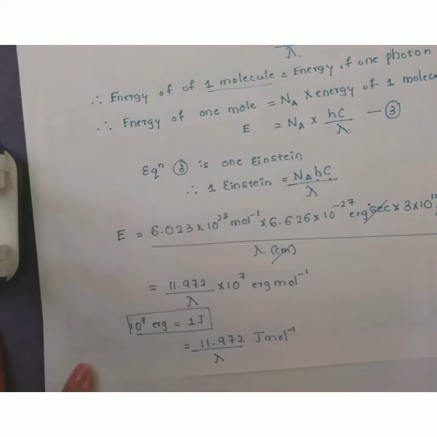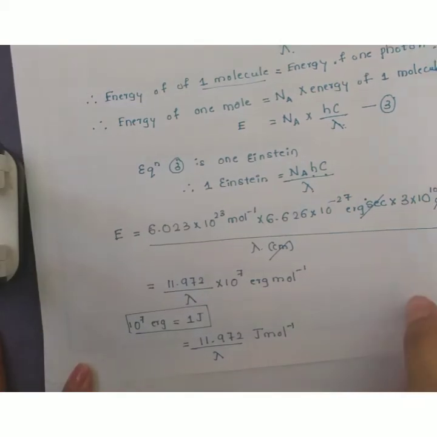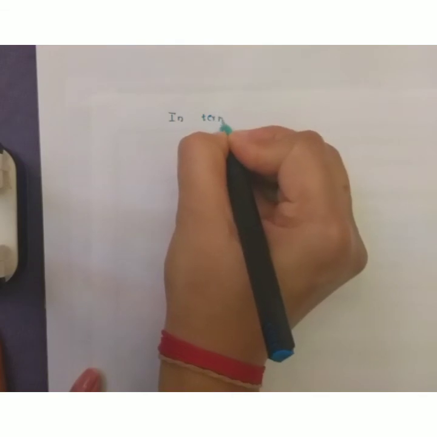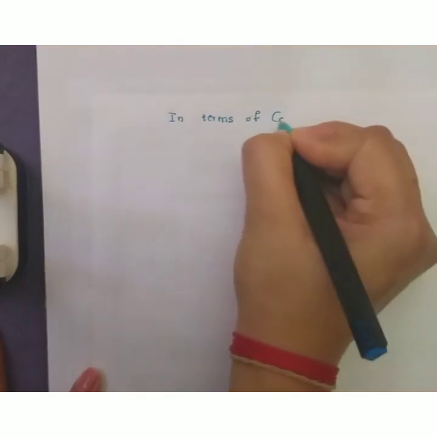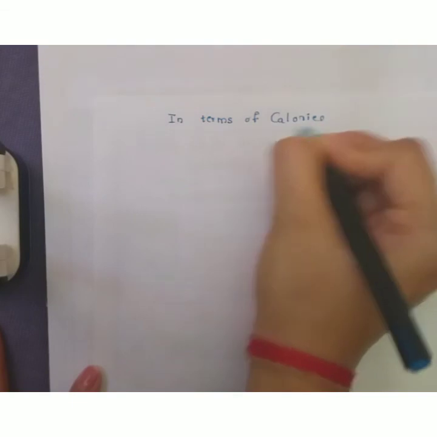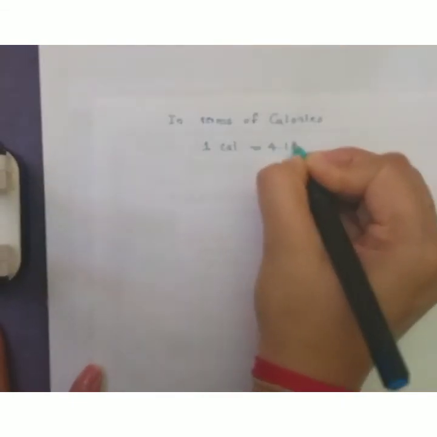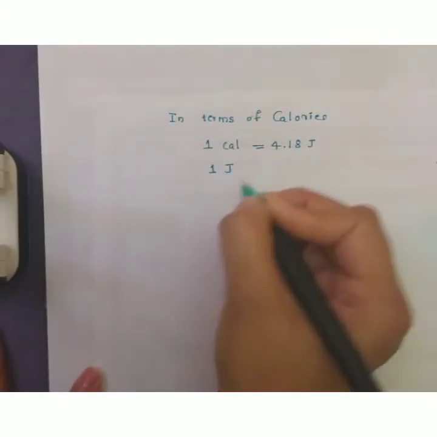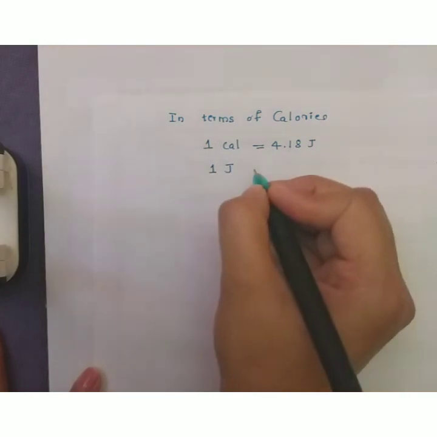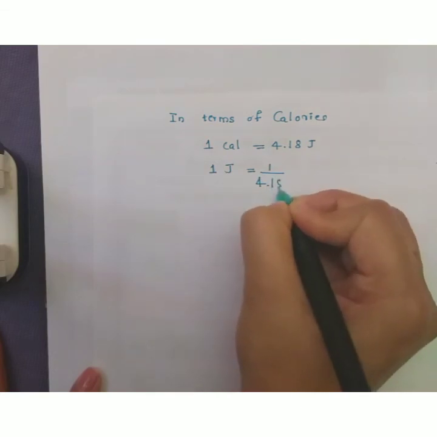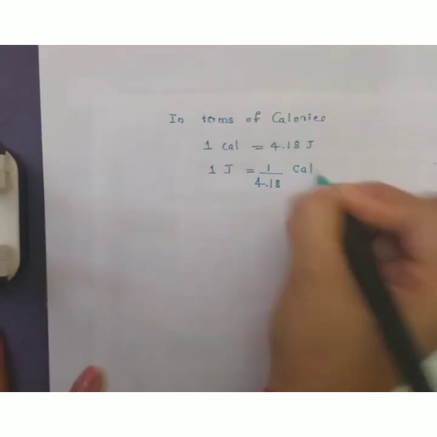Next, if we are calculating the energy in terms of calories, we know that 1 calorie equals 4.18 joules. Therefore, to convert joules to calories, 1 joule equals 1 by 4.18 calories.